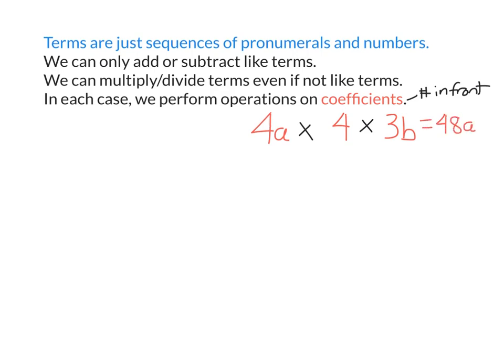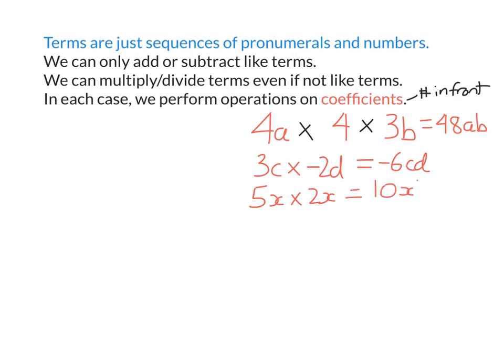And then I would write the two letters like that. If I had, say, 3c times minus 2d, I'd go 3 times minus 2 is negative 6, and then just write the letters. If I have something like 5x times 2x, I go 5 times 2 is 10.